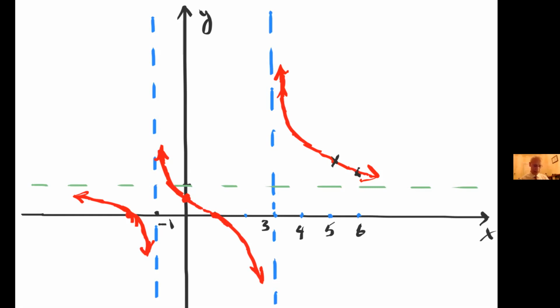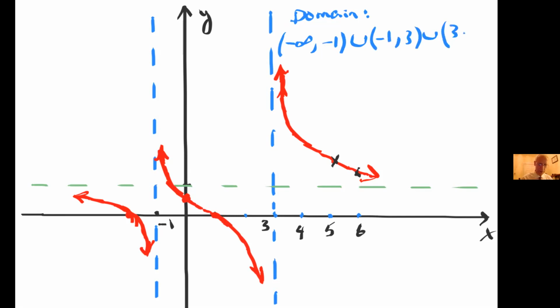How about the domain and the range? So the domain is all real numbers except x cannot equal -1 and x cannot equal 3. So you can say from -infinity to -1, union from -1 to 3, union from 3 to infinity.